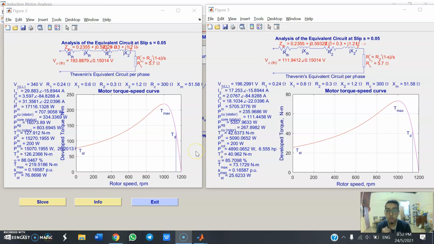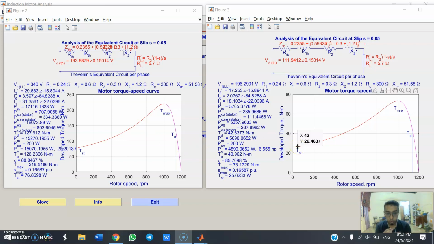Both graphs have their own advantages. When the starting torque is high, it means the motor can carry an even larger load.